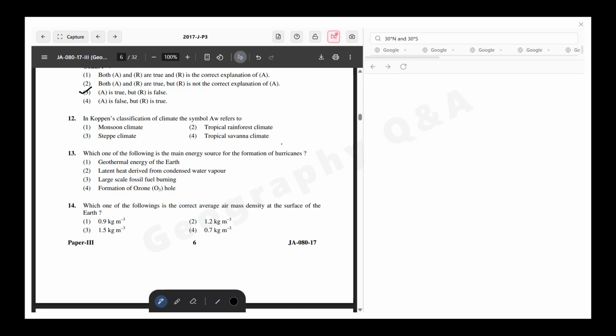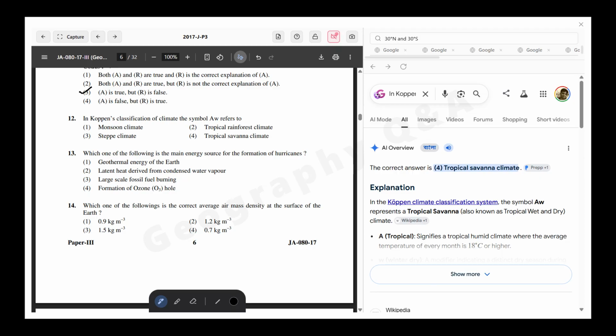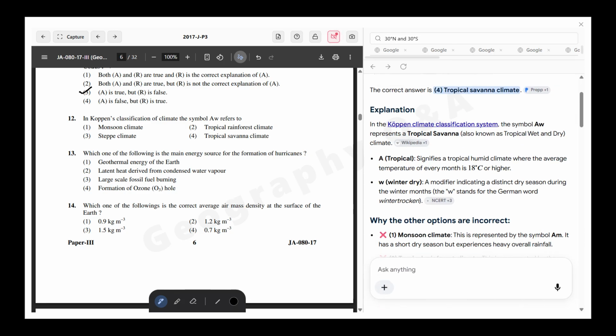Köppen's classification of the climatic symbol Aw refers to monsoon climate, steppe climate, tropical rainforest, or tropical savanna. So, tropical savanna climate. Why? A equals tropical and w equals winter dry. So winter dry is the tropical savanna climate.